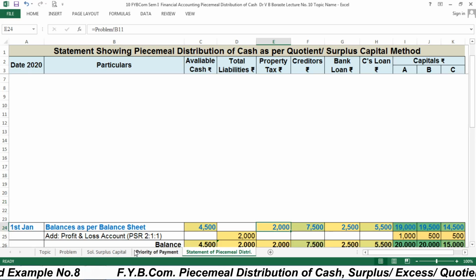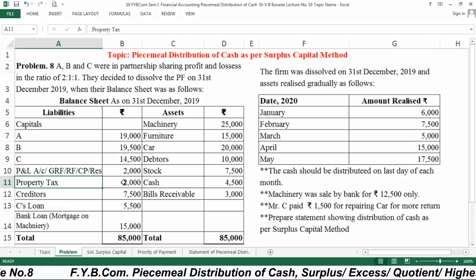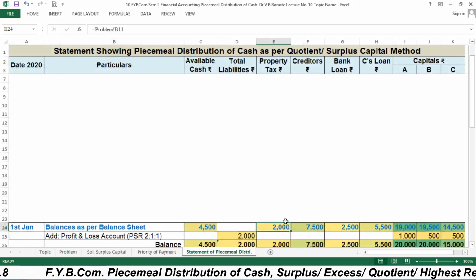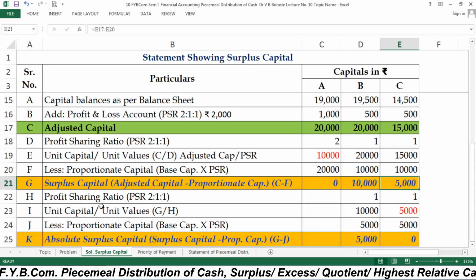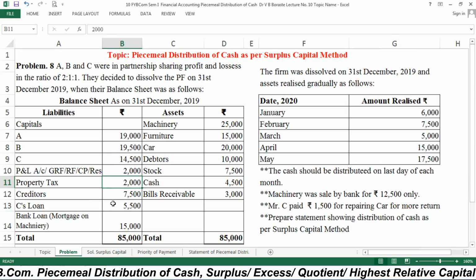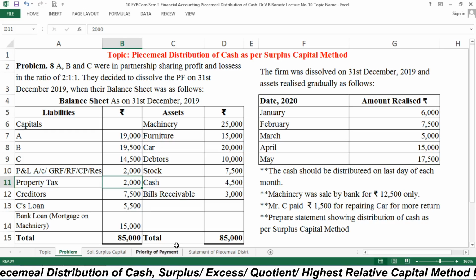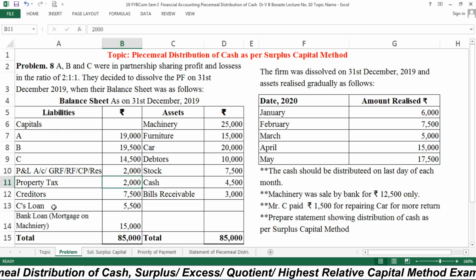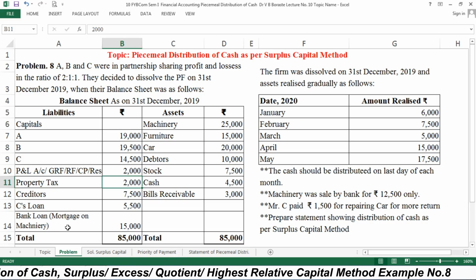So here the first liability, or third party liability, is property tax. So the first column is property tax, that is 2,000. Creditors is rupees 7,500. Then C's loan is 5,500, but the priority of C's loan is less compared to bank loan.